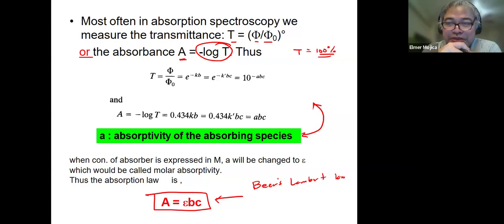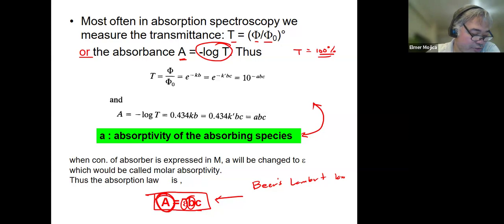They react your sample with a coloring agent, and whatever they produce, they already know the molar absorptivity. This is fixed. So whatever absorbance you get from your sample, you divide it by the known molar absorptivity and the path length, and you'll be able to get the concentration.